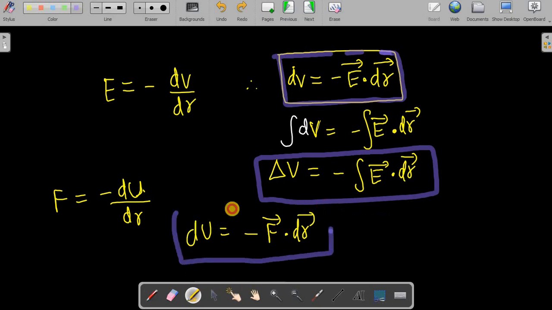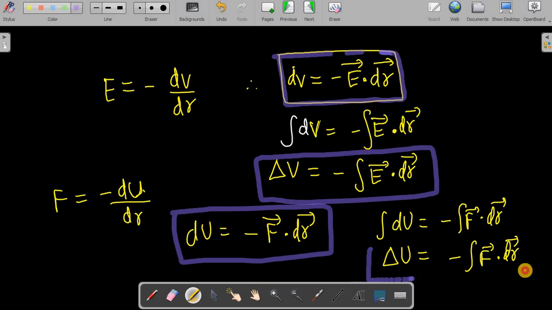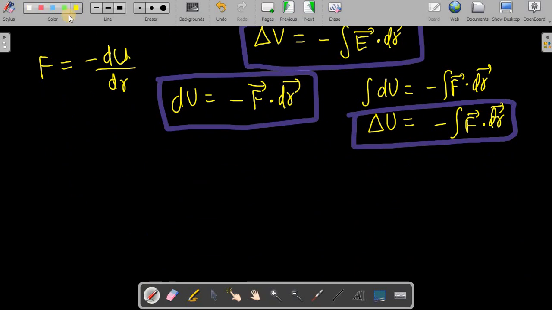First note this dU is equal to this. Then when you integrate it, dU is equal to minus F dot dr. So this will become delta U is equal to minus integration F dot dr. Okay, right? So here you need to note one thing, that this is the change of potential energy.